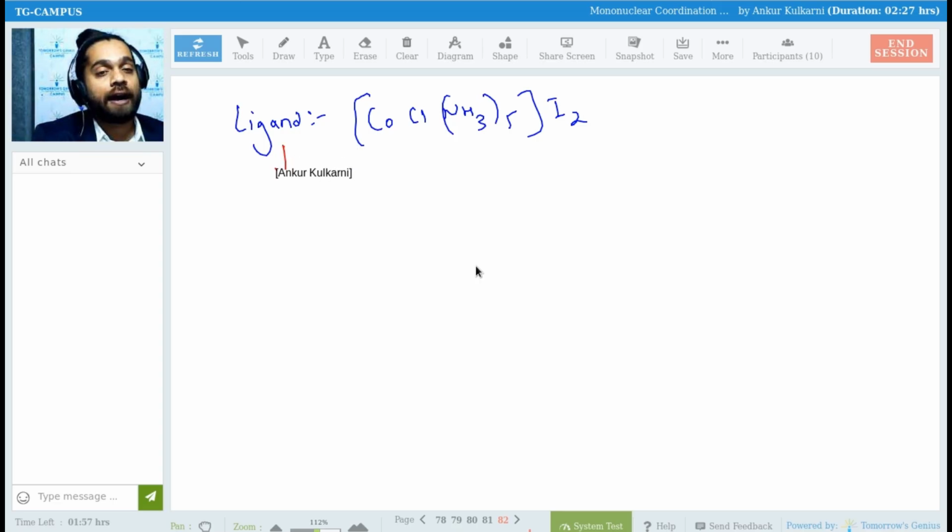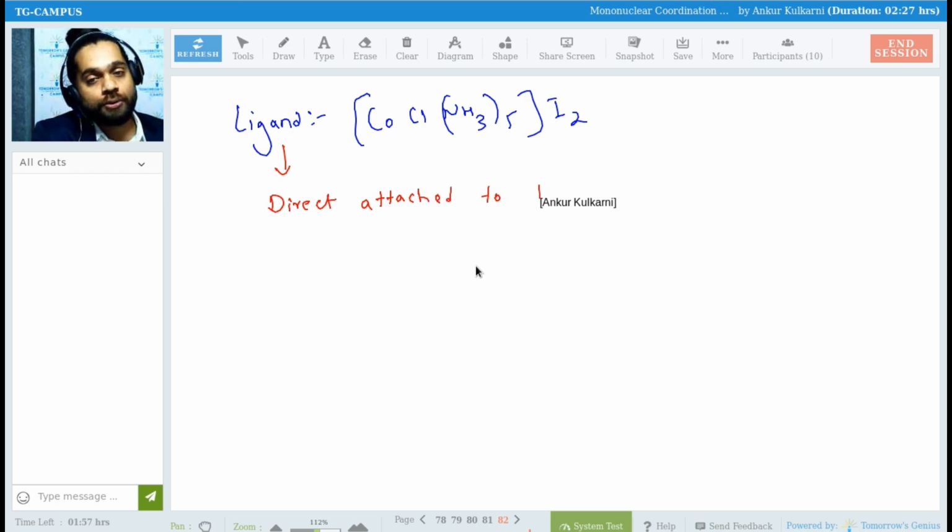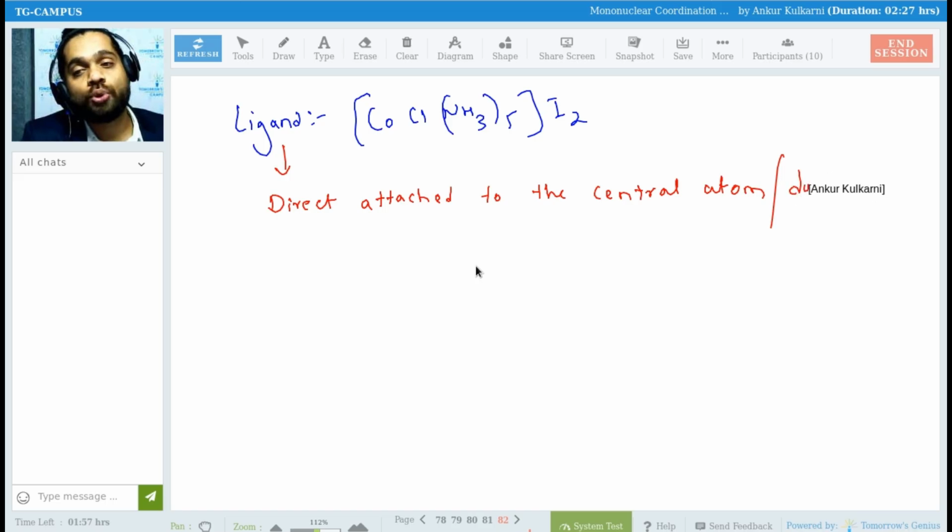Ligands are directly attached to the central atom, and we call them donor atoms. Why? Because they give the electrons to form a bond.